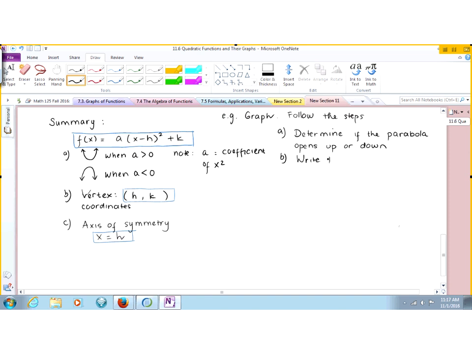And then B, write the coordinates of the vertex. C, find the axis of symmetry, so write the equation of the axis of symmetry.